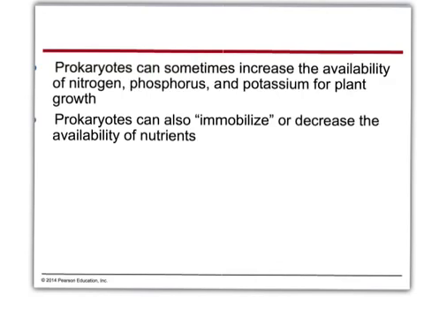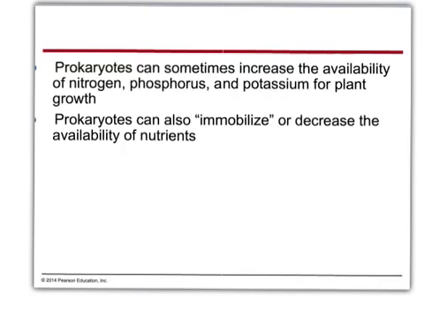All right. And then also, opposite to that, prokaryotes can also immobilize or decrease the availability of nutrients. Right. So they can actually store certain things inside their cells that no longer are available. Right. And we use this in terms of bioremediation, so that some prokaryotes can actually store lipids in the cells and not make it available outside, especially toxins.